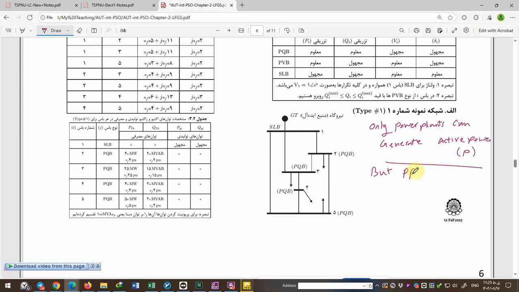power plants and capacitors can generate reactive power or Q. And capacitors help us to generate Q and compensate.